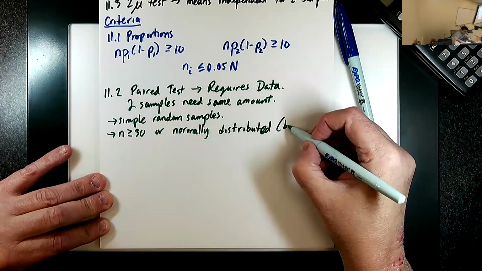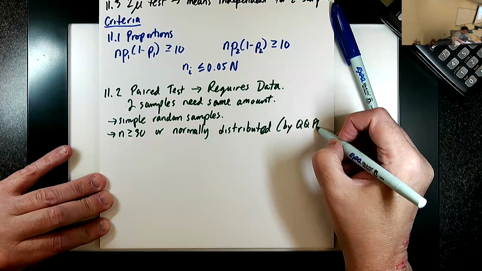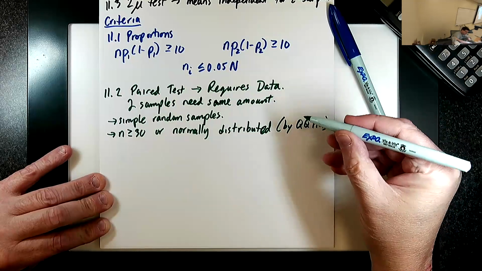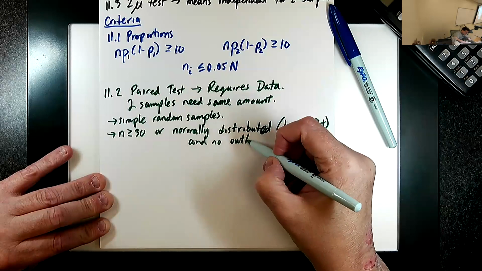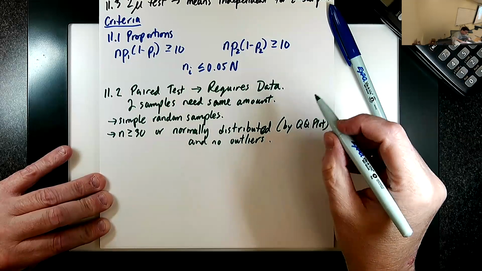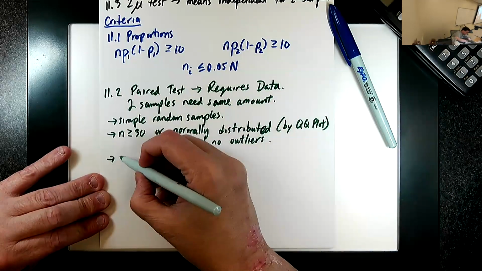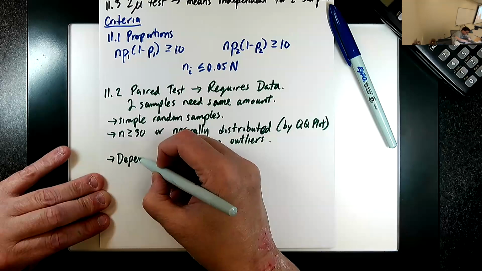Normally distributed, we would see by the QQ plot, doing the correlation coefficient. This is chapter 4 stuff, and no outliers. And most importantly, they need to be dependent samples.